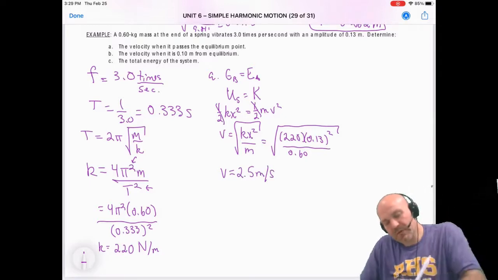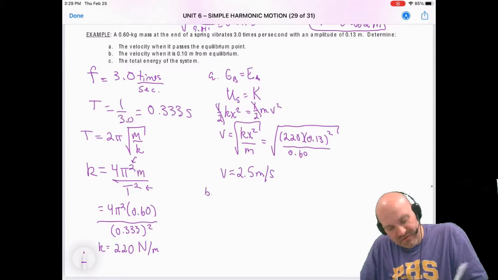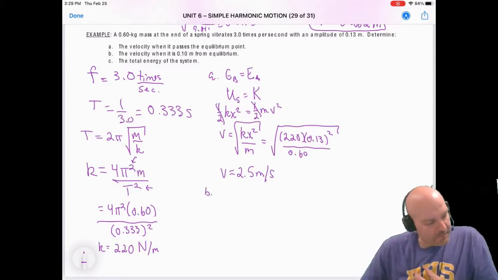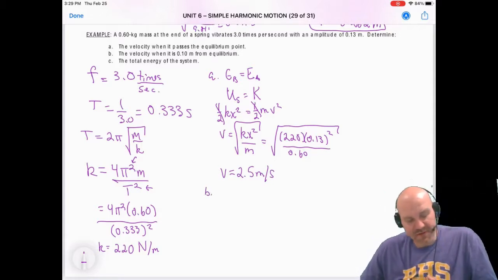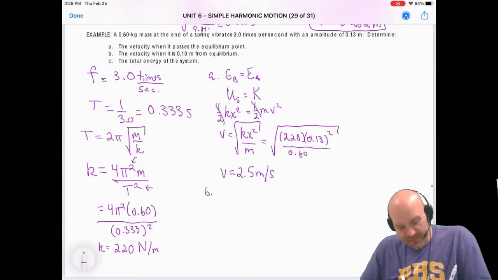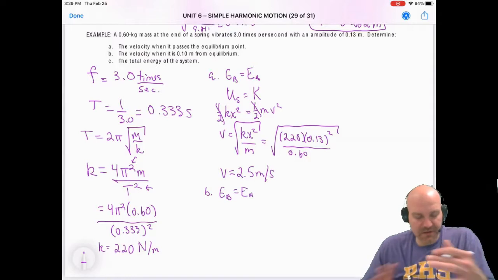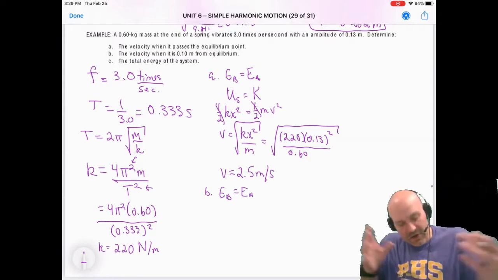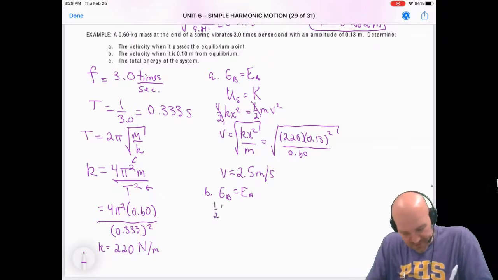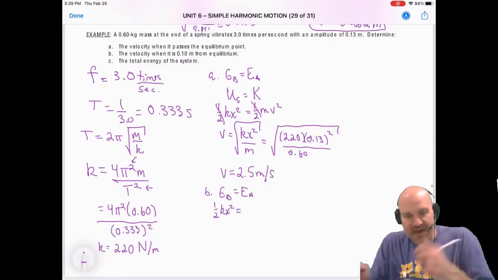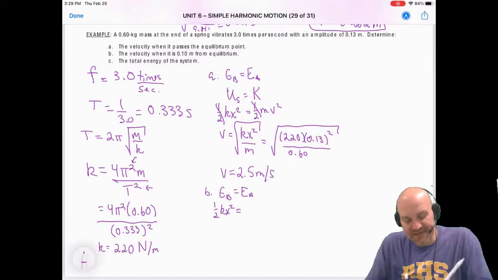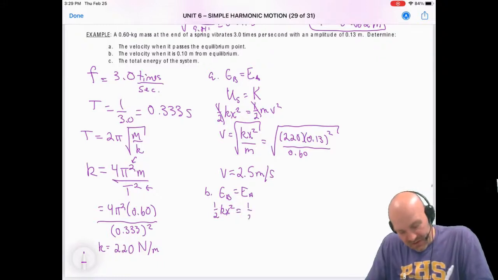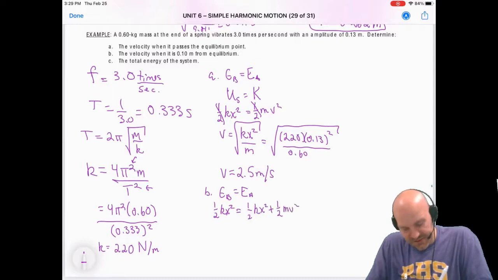Okay, now part B talks about the energy at 0.10 meters from equilibrium. Well, again, we're going to say E before equals E after, right? Now you could do a couple things. You can use 1/2 mv² on your before side. I can also use 1/2 kx², but one of the sides has to be the sum of the kinetic energy and the elastic potential energy.